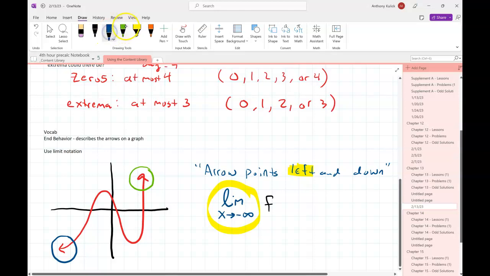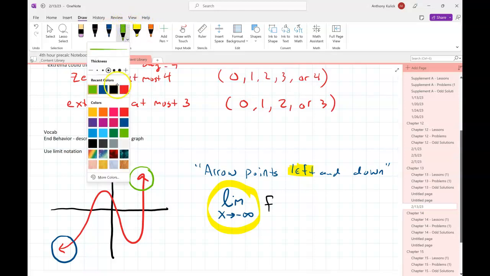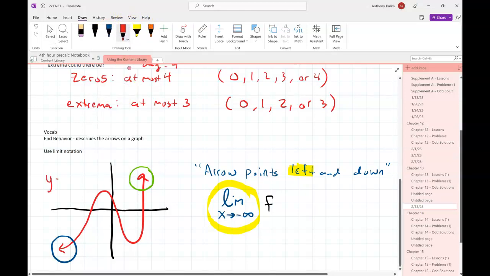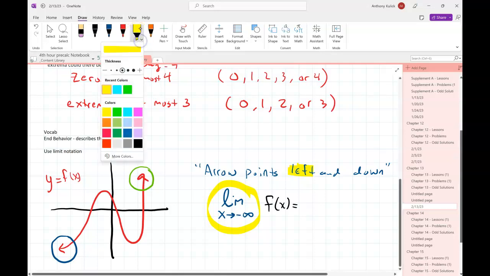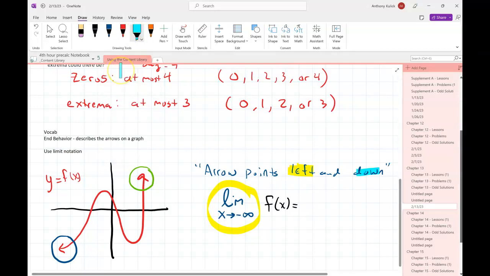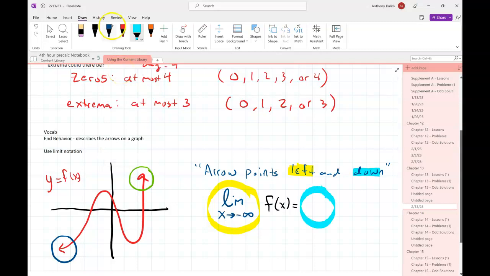Oh, I guess I should have given this function a name, huh? We'll call this y equals f of x. And then to describe down, we're going to write negative infinity.